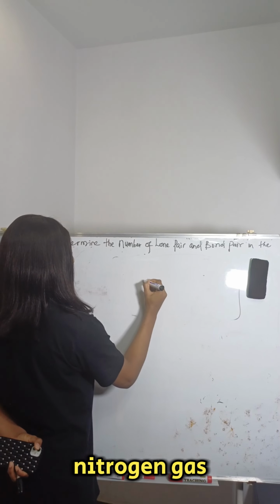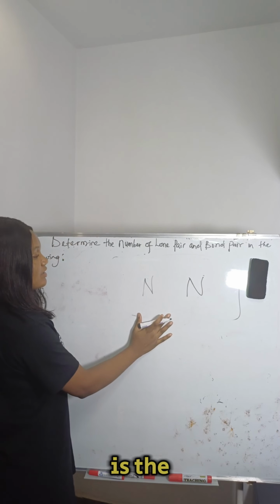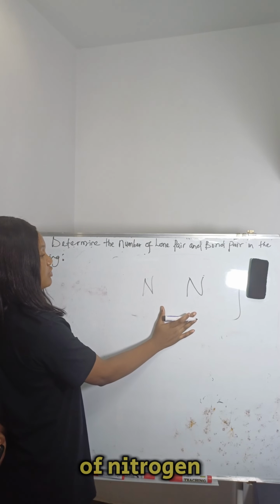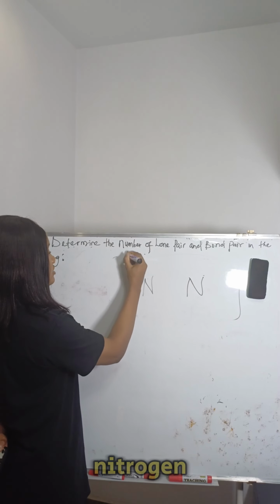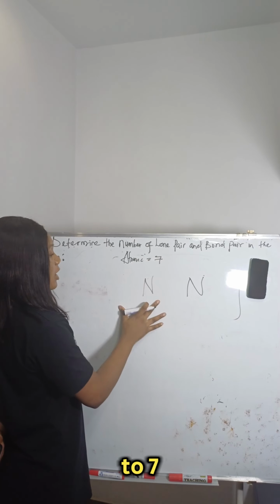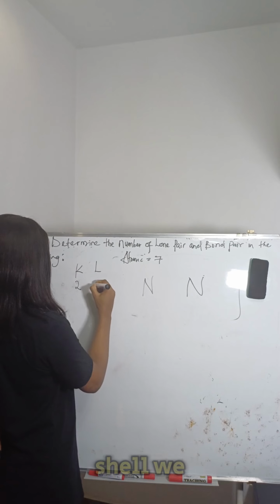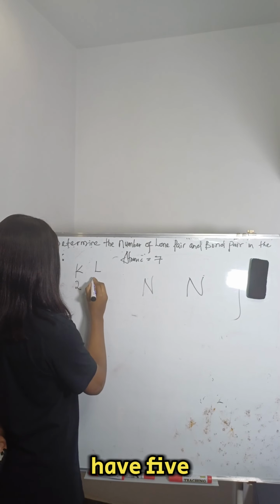Now, your nitrogen gas, this is nitrogen. This is nitrogen. What is the atomic number of nitrogen? The atomic number of nitrogen is equal to 7, meaning that in your K shell, we have 2, and in your L shell, we have 5.